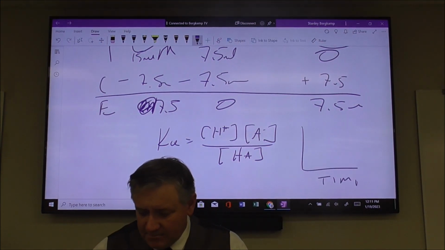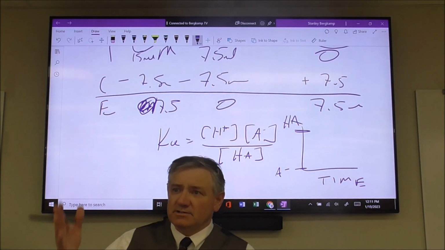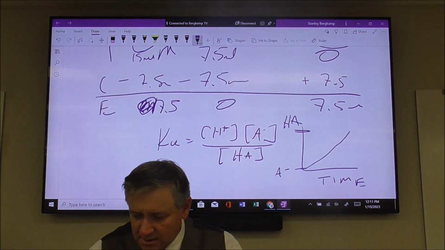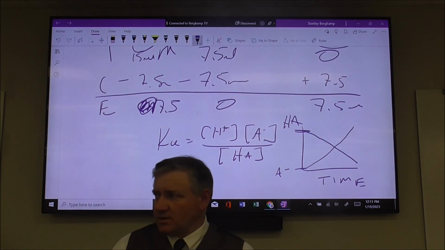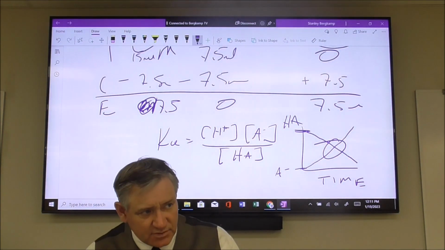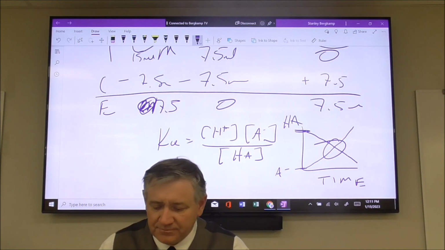At the start, you have a very high concentration of the acid and no concentration of your anion. So as this reaction progresses, your anion concentration is going to go up, the concentration of your acid is going to go down. At some point, you're going to be half neutralized, and that's when your pH equals your pKa.